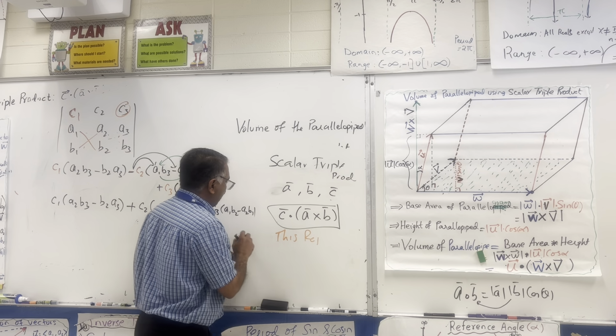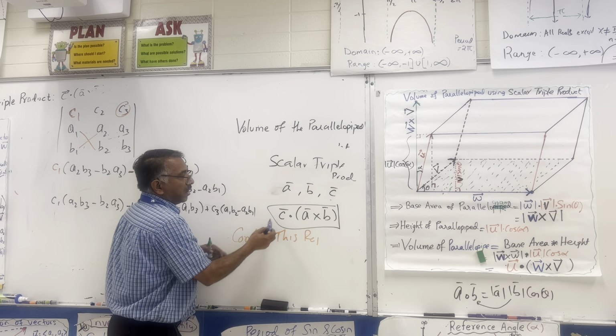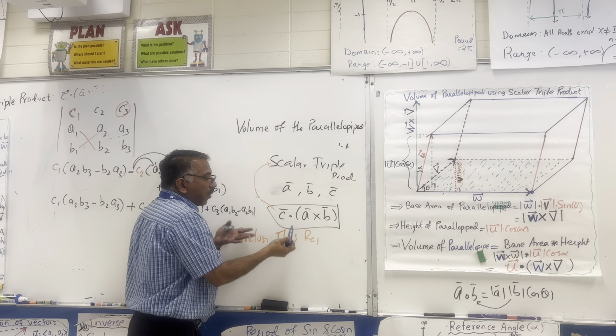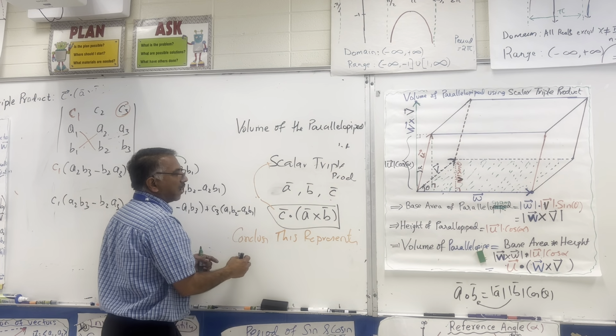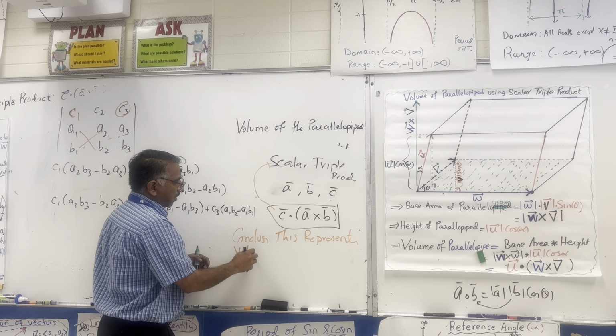This is called a scalar product, and what does it do? It represents the volume of a parallelepiped.